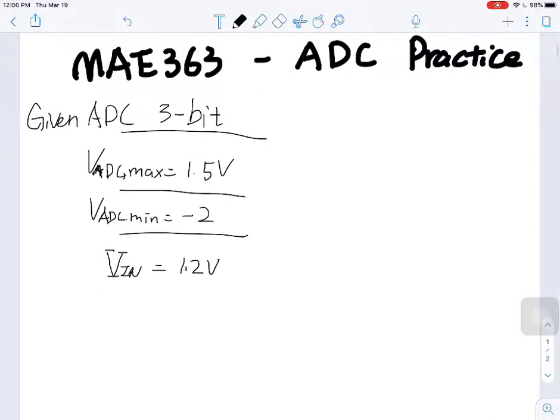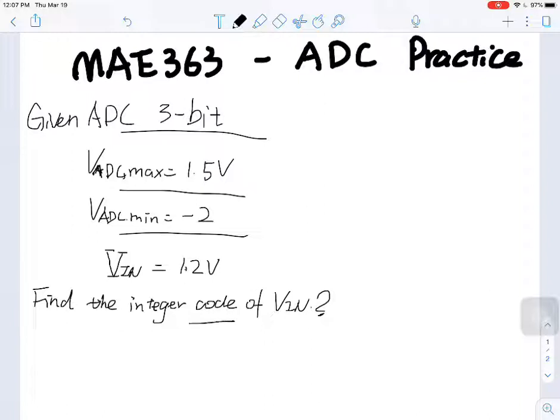Now the question is, how can we find the code, the binary code or the integer code, of this corresponding input V in? So we need to find the binary code for the V in, because we know it's an analog ADC.